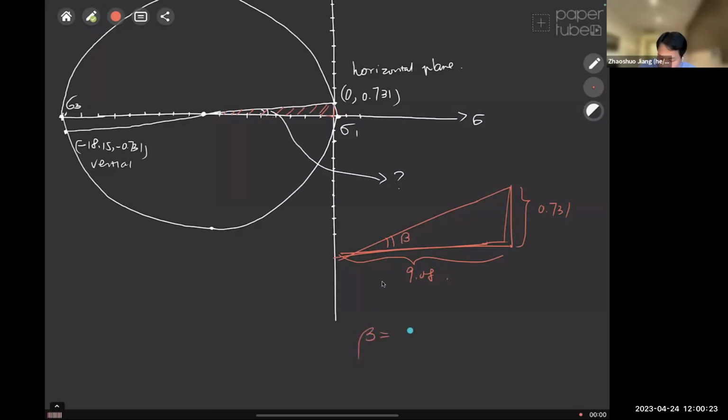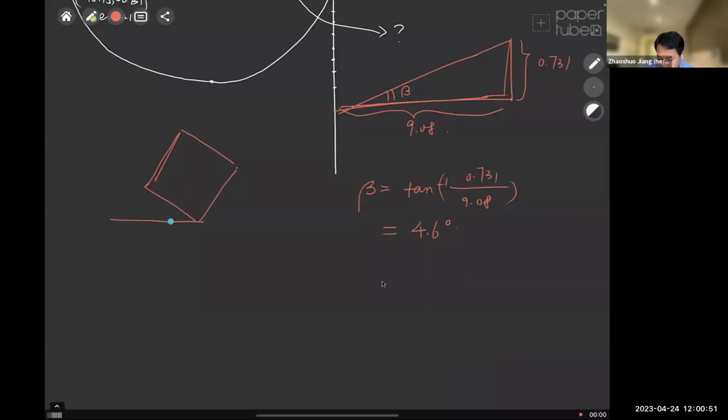Beta is equal to inverse tangent of 0.731 over 9.08, and that will give you beta equal to 4.6 degrees. This is the angle in the Mohr circle. In the physical plane, the angle is going to be 4.6 degrees divided by 2, which is 2.3 degrees.